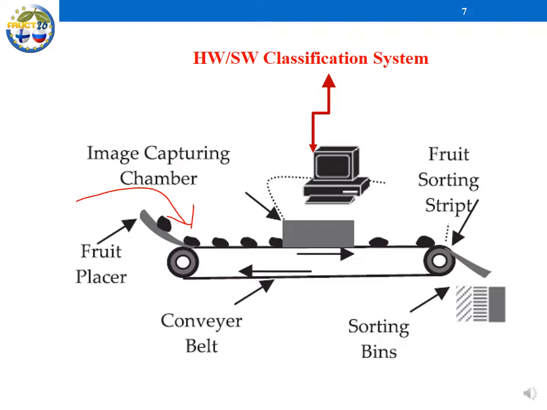That input will pass through an imaging system, which is itself connected to the hardware software co-designed classification system. And then the output is a sorted variety, and each container here will have one specific variety.